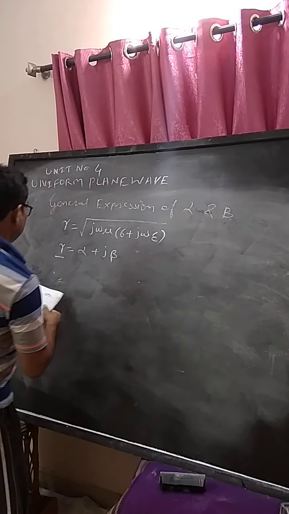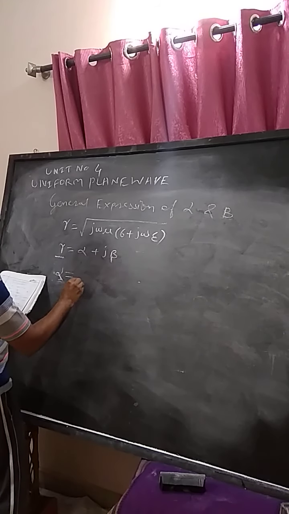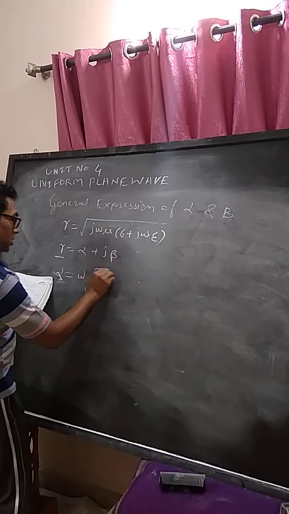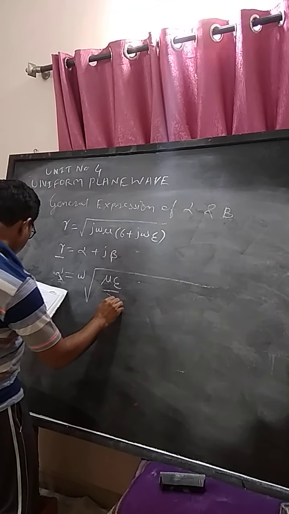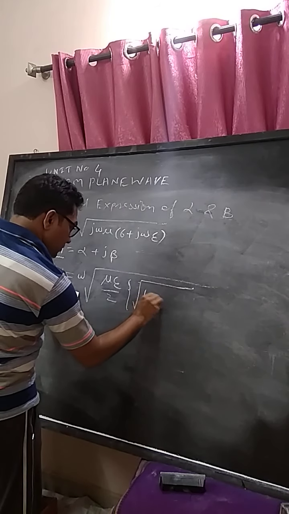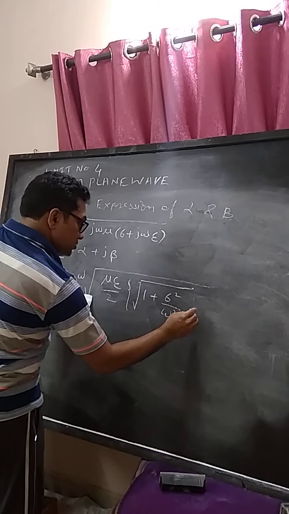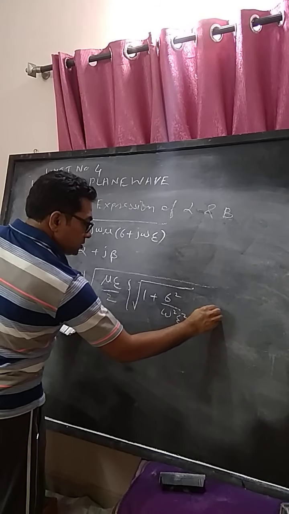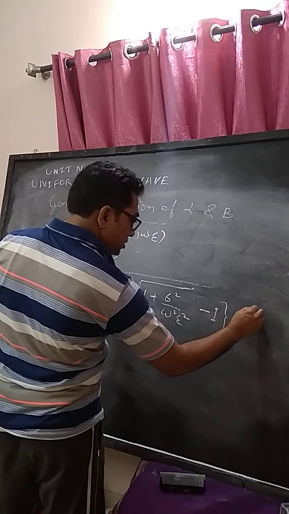So the equation for alpha is alpha equal to omega under root of mu epsilon by 2 in bracket again under root of 1 plus sigma square by omega square epsilon square minus 1 bracket close, whereas the unit of alpha is Neper per meter.